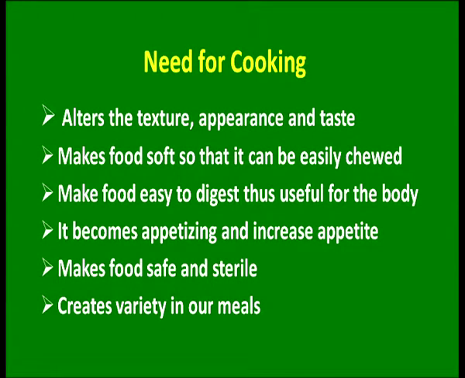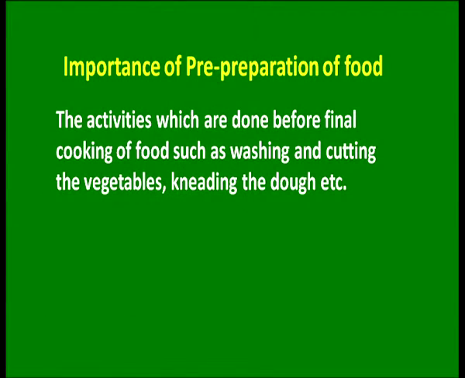cooked form of food. Now, the most important part of this lesson is the importance of pre-preparation of food. What is this pre-preparation? Activities which are done before the final cooking of food, such as washing, cutting, kneading the dough. So, in all, it is the activity by which the raw food is converted into a form that can be cooked.